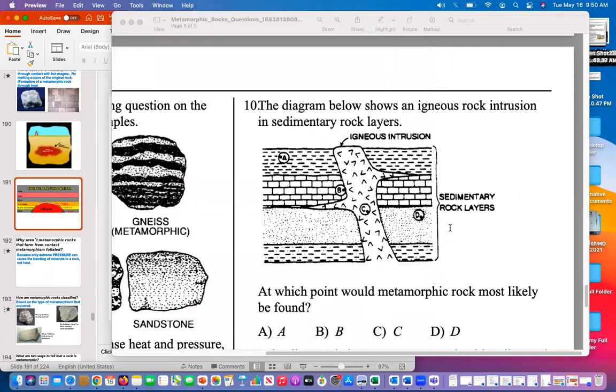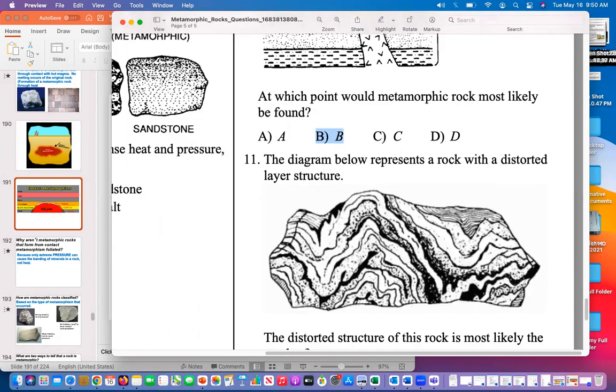So the only letter that shows in between the igneous intrusion and the sedimentary rock is choice B. It has to be in between the borderline where the igneous intrusion is and where the sedimentary rock is. That's where contact metamorphism occurs. That's why it's choice B.